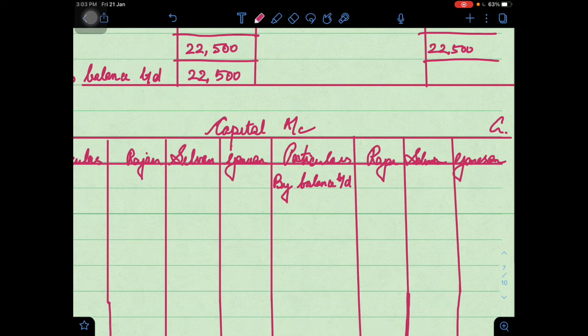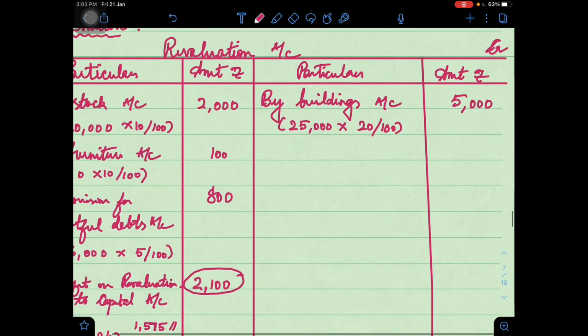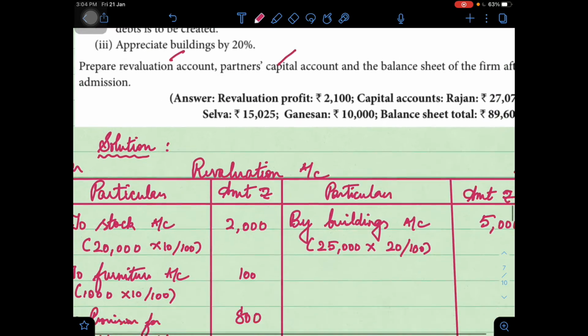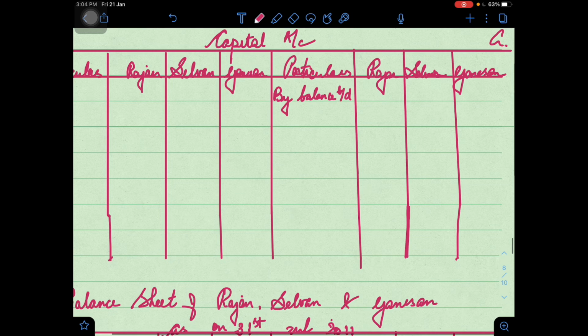As I have been telling you, for the two partners, the first one Rajan and Silva, Rajan's amount is 30,000. Their old capital account is showing that balance. Now what about the next thing?